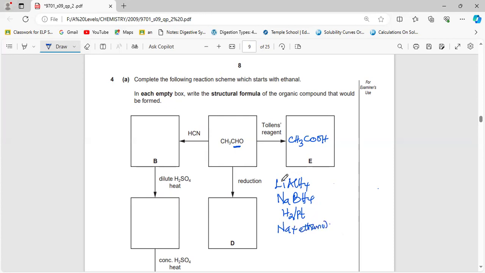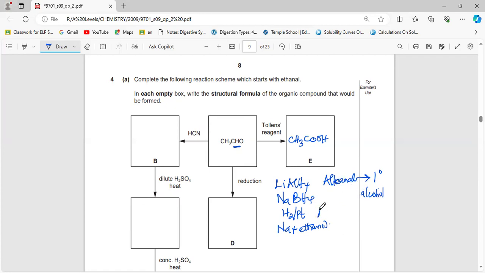So all these are reducing agents. So whenever you are reducing your alkanal, don't forget, alkanal is always reduced to primary alcohol.